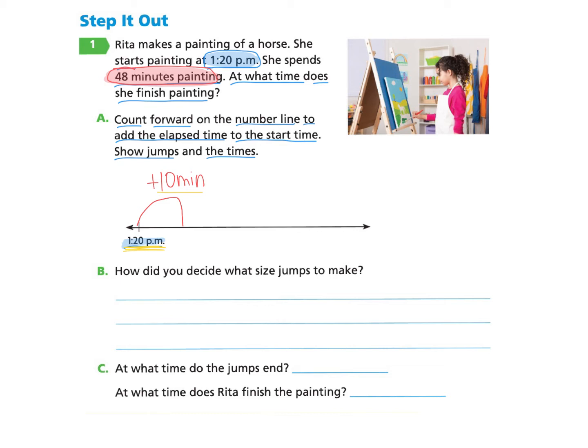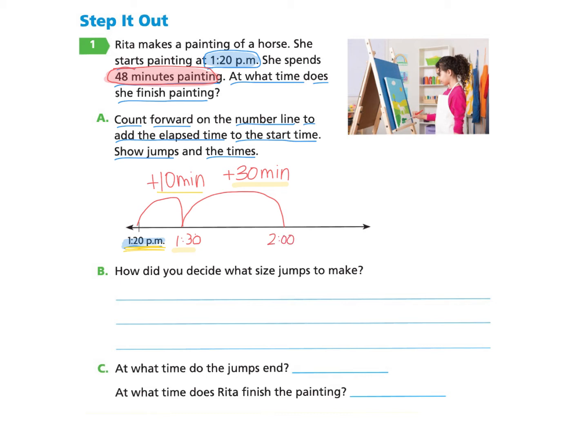Then that would equal 1:30, which would be half of the hour, which is also easier for me to visualize on the clock. So I know now that I have 30 more minutes until it would be 2 o'clock. So my next jump is going to be to add 30 minutes. And when I add 30 minutes to 1:30, that will make 2 o'clock.